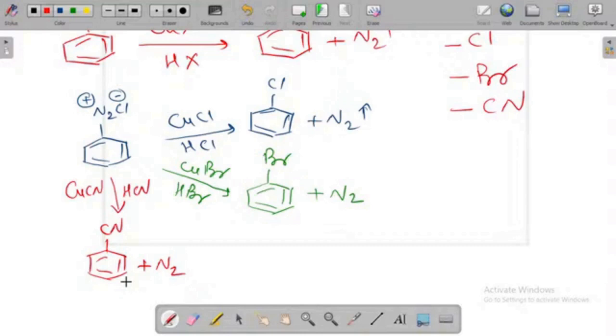This reaction takes place with freshly prepared benzene diazonium chloride salt, which when reacted with cuprous chloride or cuprous bromide produces chlorobenzene or bromobenzene, and similarly cyanobenzene.